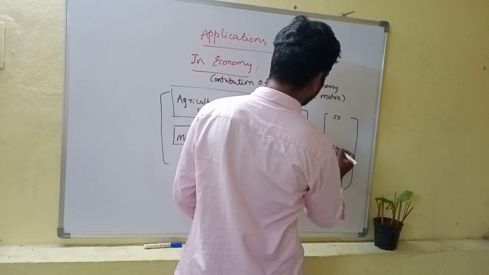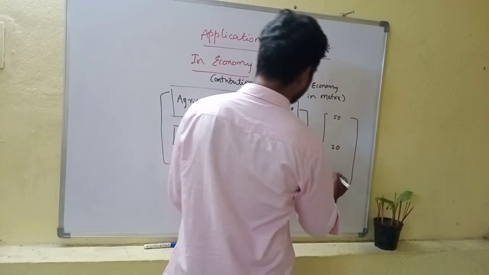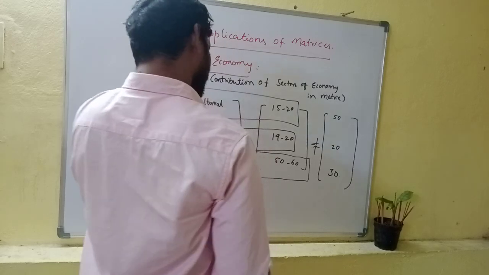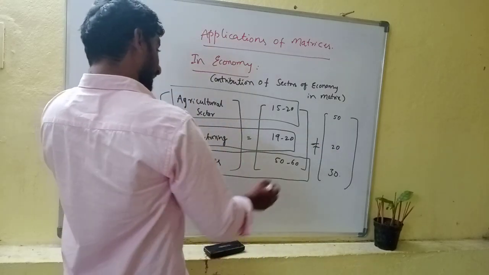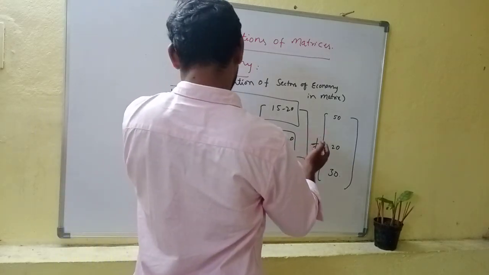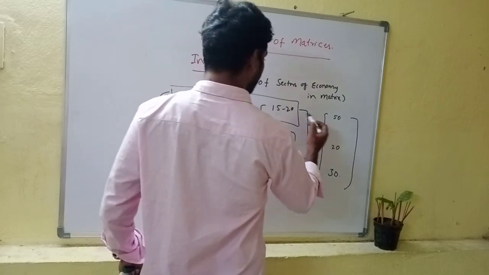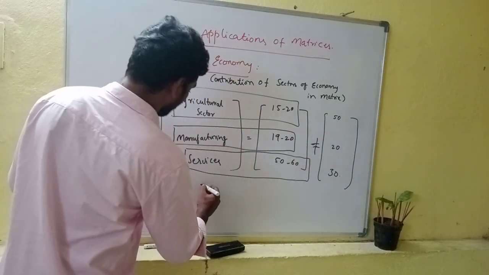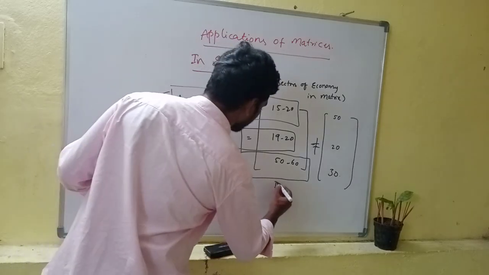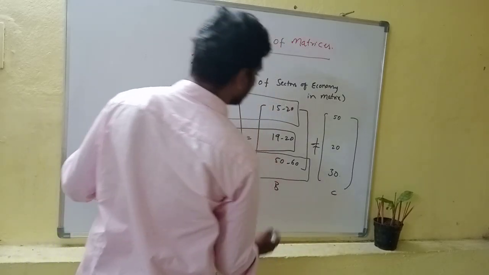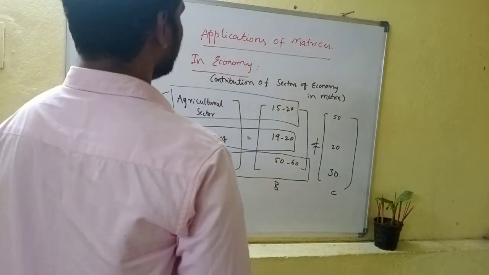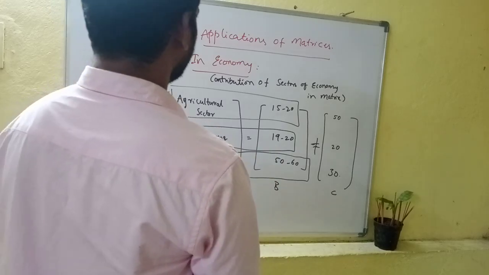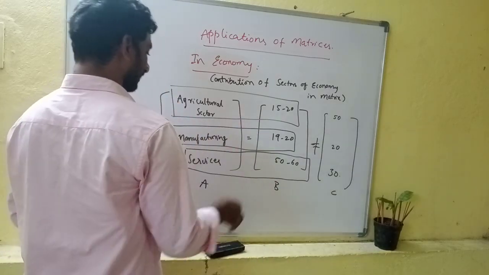Again this 20%. Again 50 to 60. This is 30%. So see the labor occupation ratio here. Here in agriculture, this is not matching. So if you take this matrix as A, B and C, then B is not equal to C. So this is how we can represent the Indian economy in matrix form.